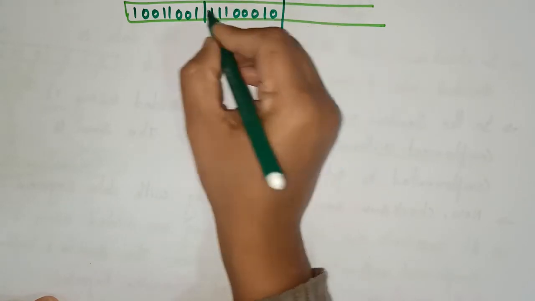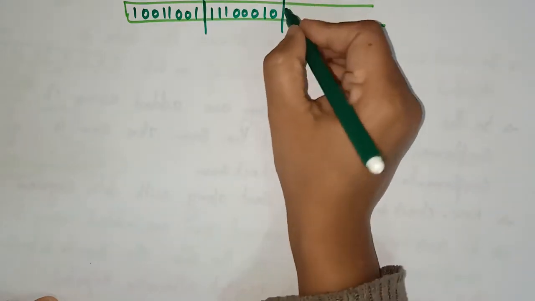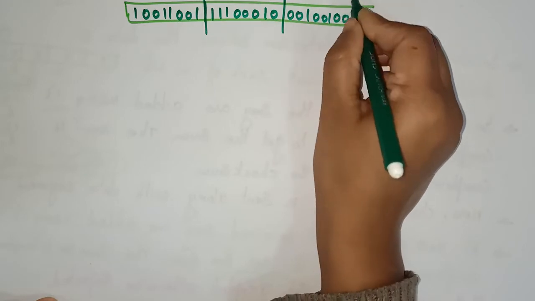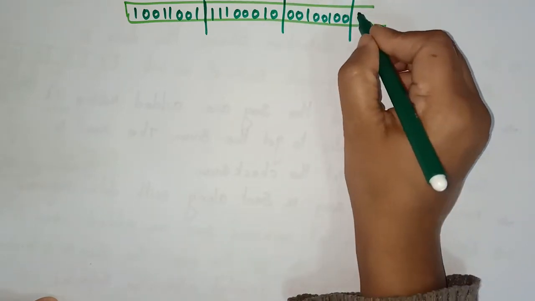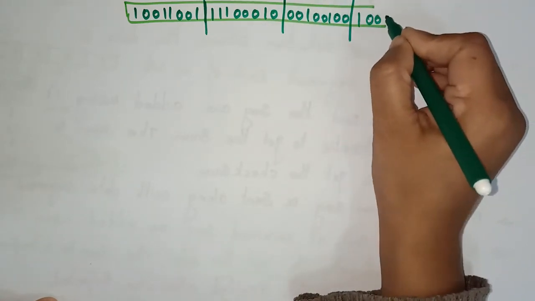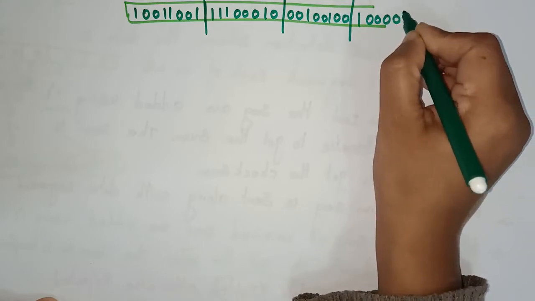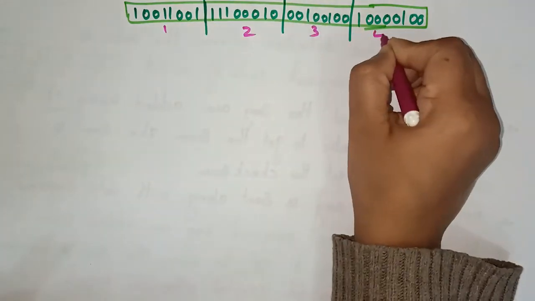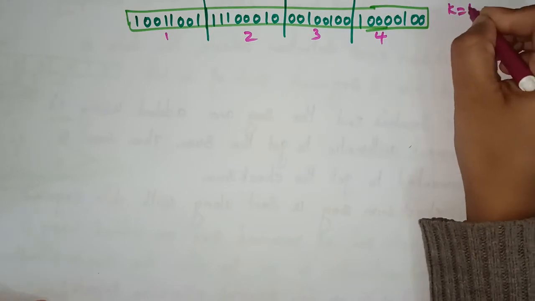I'm just dividing into segments. The third segment is 0 0 1 0 0 1 0 0, and the fourth segment is 1 0 0 0 0 1 0 0. So total 4 segments are there, that is k is equal to 4, and m is equal to 8 bits. So each segment consists of m bits.